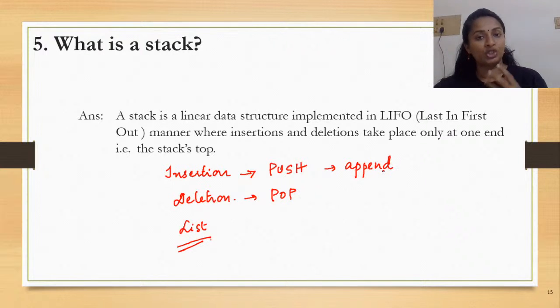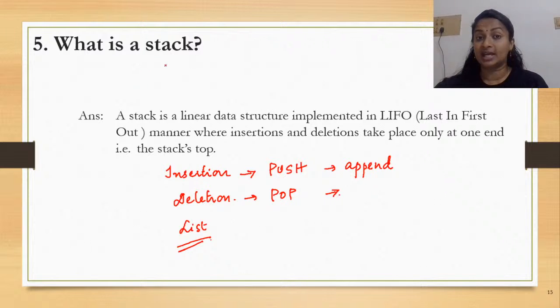Whenever you are inserting or adding an element, you need to specify which element you are going to insert. Is the idea clear? You have to give the value of the element also.